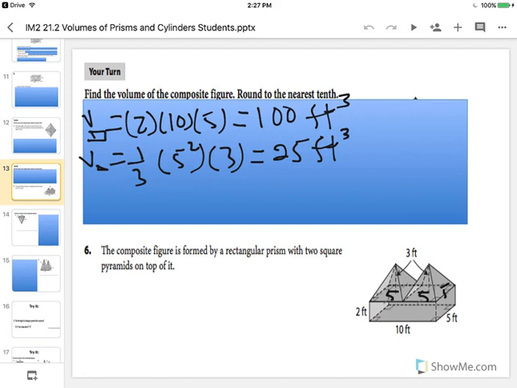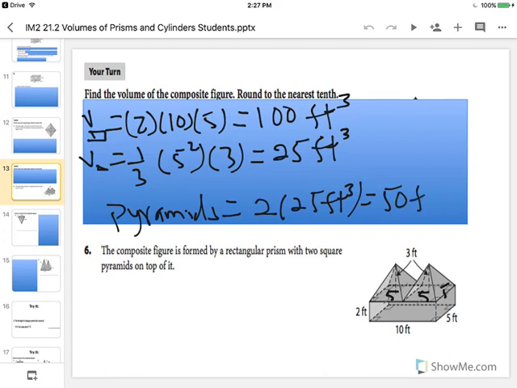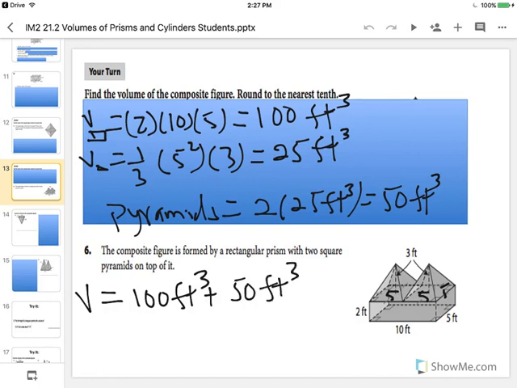So it is 25 cubic feet, but we have two of those, so you do 2 times 25, which gives us 50 cubic feet. To find the volume of the composite figure, the volume would be 100 cubic feet plus 50 cubic feet.